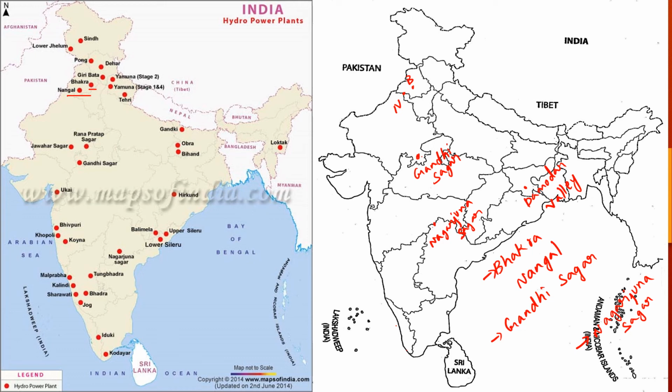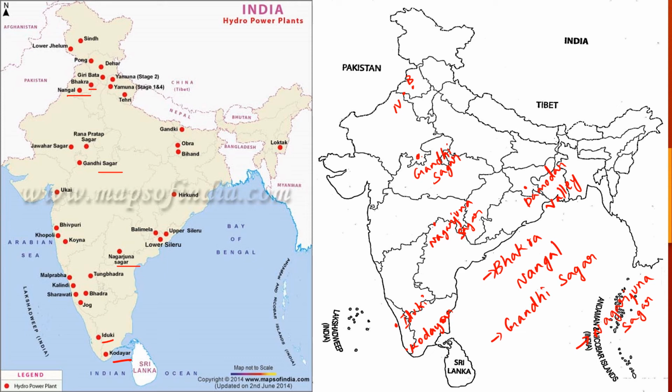So these are the two places, and they are also important. So these are the important hydropower plants in India.